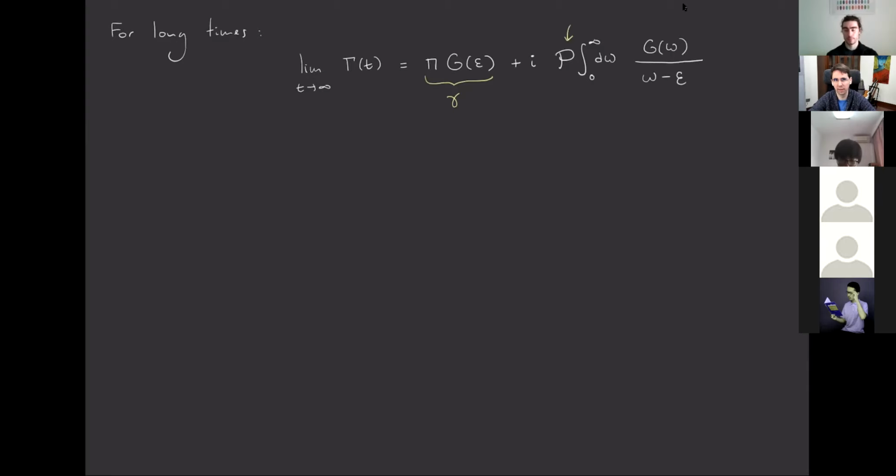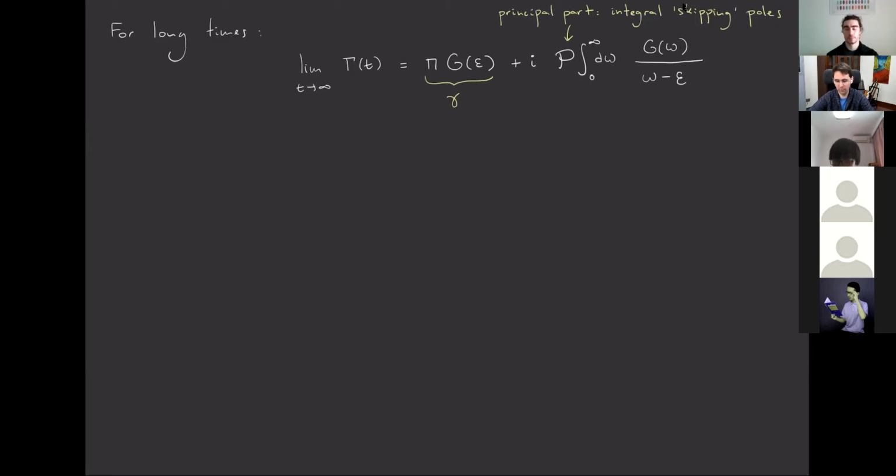I don't know how familiar you are with principal parts. I hope that you have studied complex analysis and then you know at least a bit about it. But for our purposes, when we say principal part of an integral, it really means the following simple thing. So this is the principal part, which means doing the integral but skipping the poles.